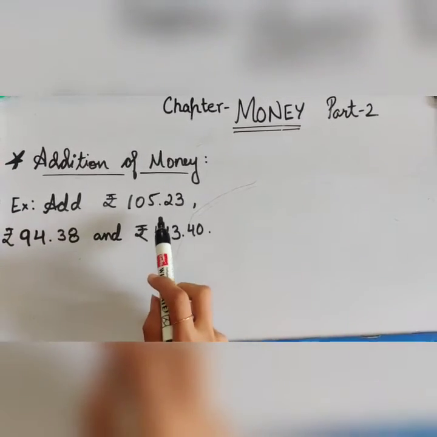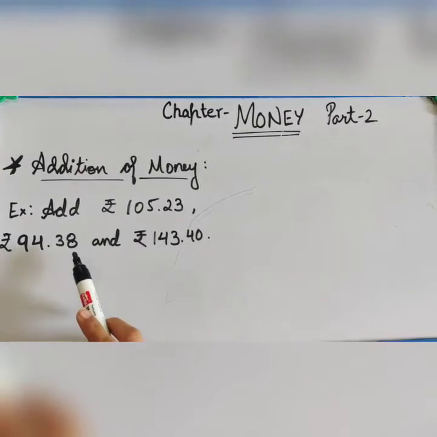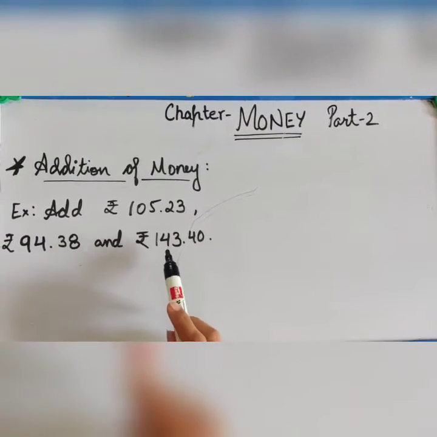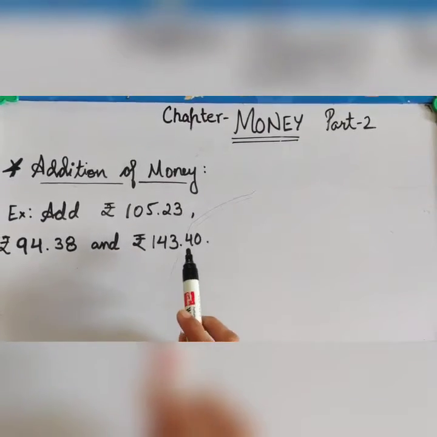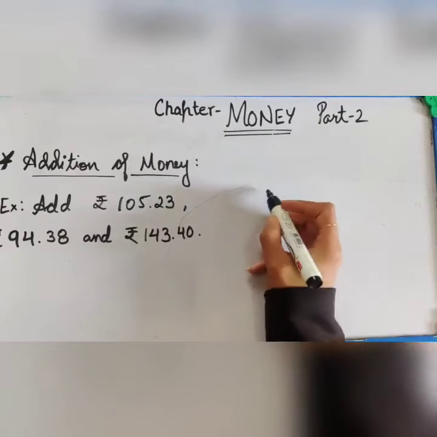Add rupees 105, 23 paise, next rupees 94, 33 paise and rupees 143, 40 paise. First we will write this in columns.